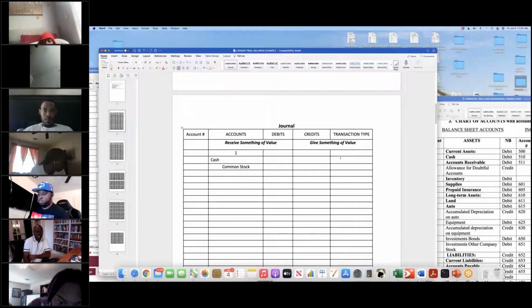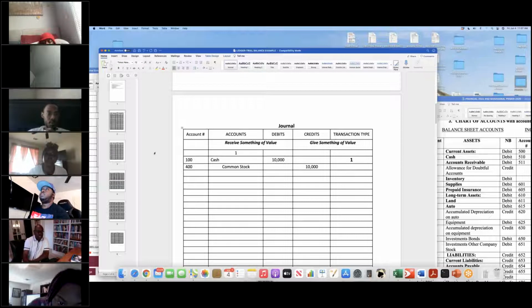And of course, this is a type 1, and the amount was 10,000. The account number for cash is what? 100. Common stock? 400.